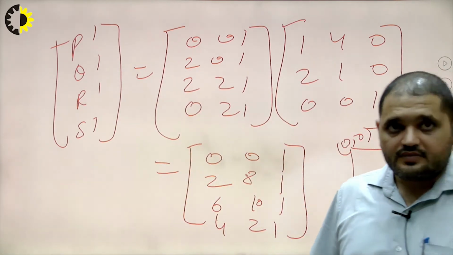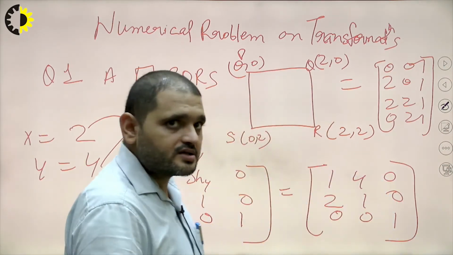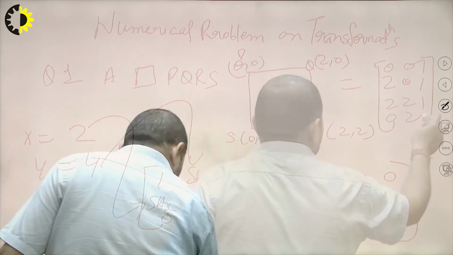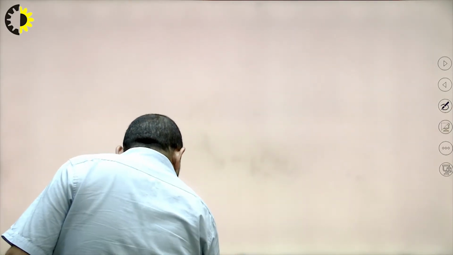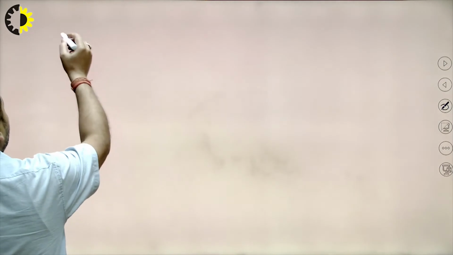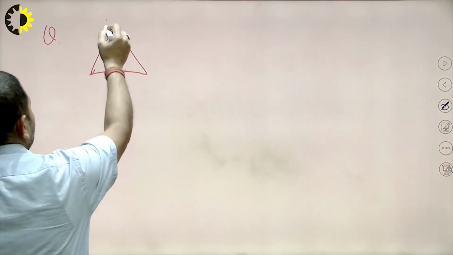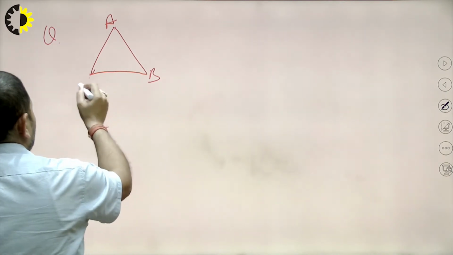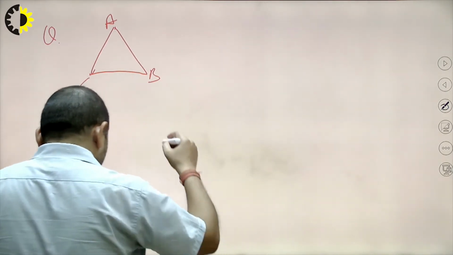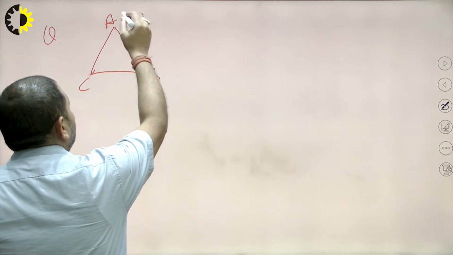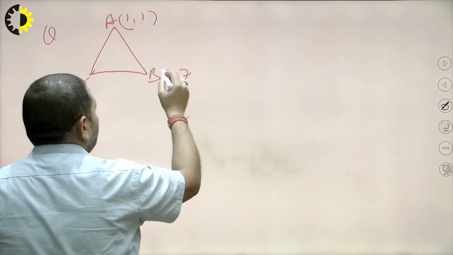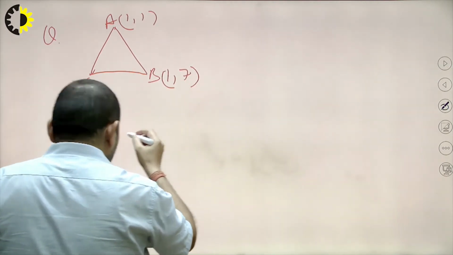Now we will try our next numerical. We have a triangle ABC whose coordinates are 1, 1, 1, 7 and 5, 4.